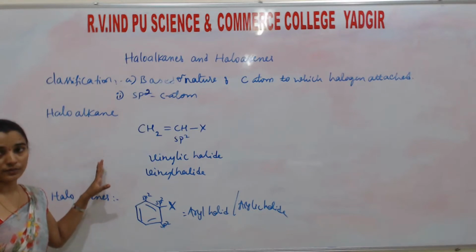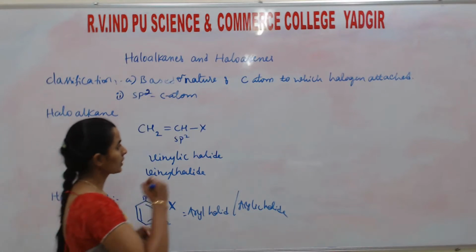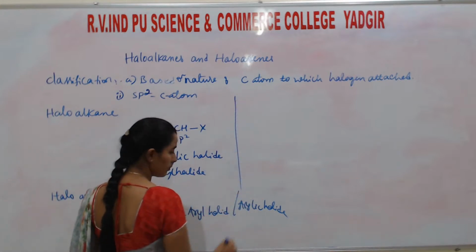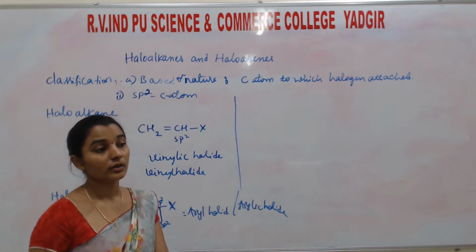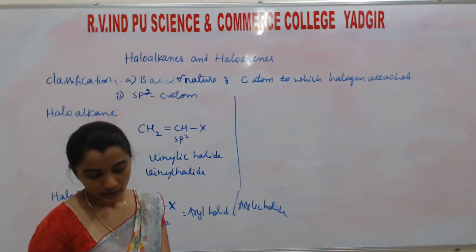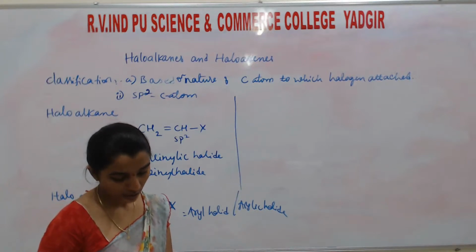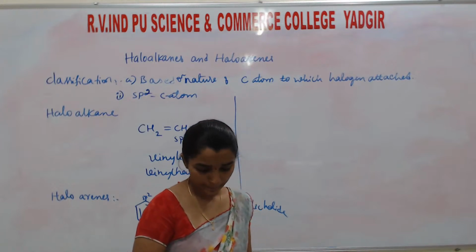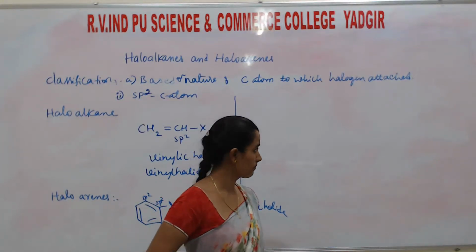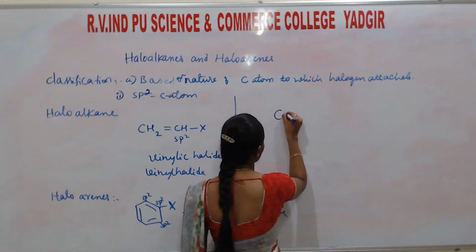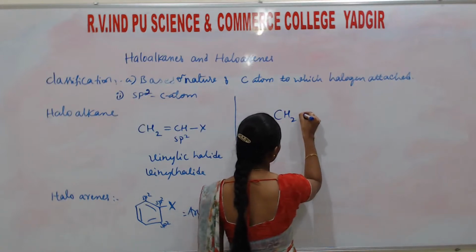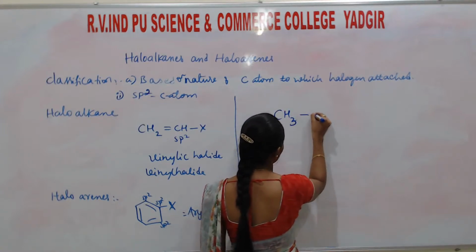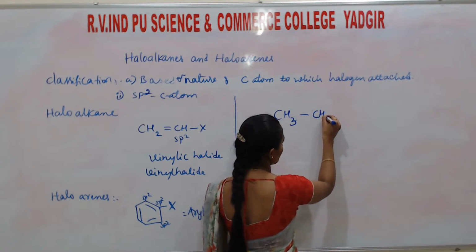So another one is there based on halogen atoms only, to which the halogen atoms are directly attached. So in that, what is the classification? Listen, here I'll take an example.